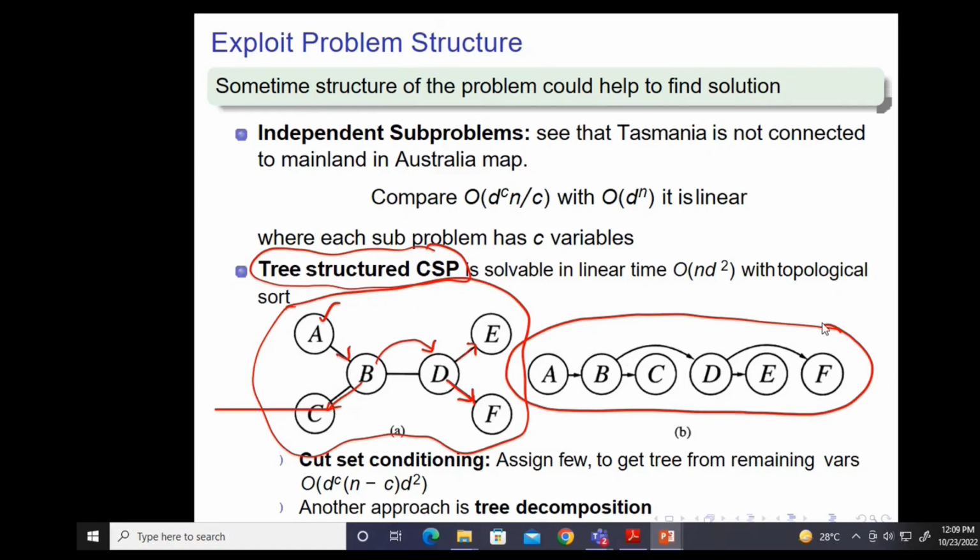So here you created a linear way to proceed. If you do it like this, it would again be a better representation.